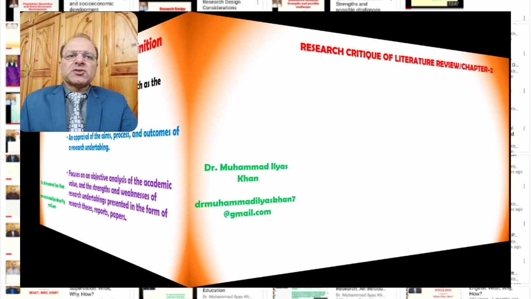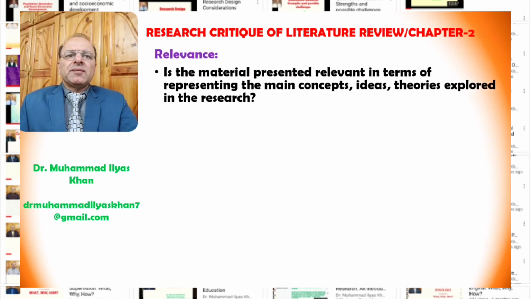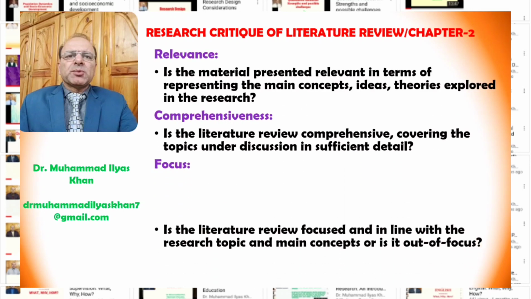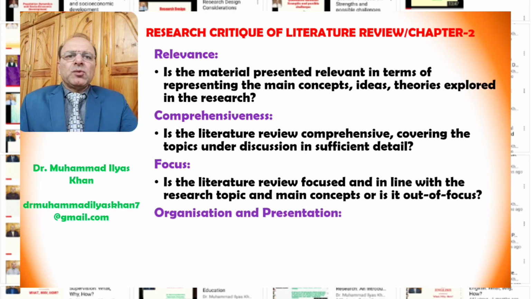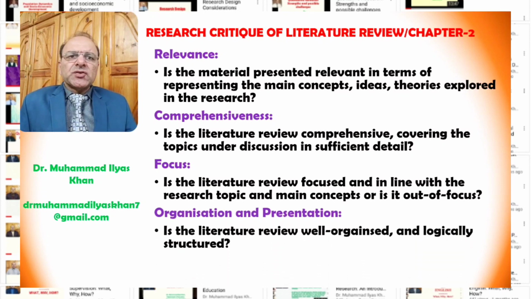Now, what are the aspects of the literature review that actually go through the process of research critique? Well, first of all, the research critique focuses on the question related to the relevance of the literature review. So, for example, this part revolves around the question such as: is the material presented in the literature review, in terms of representing the main concepts, ideas, theories explored in the research, relevant?